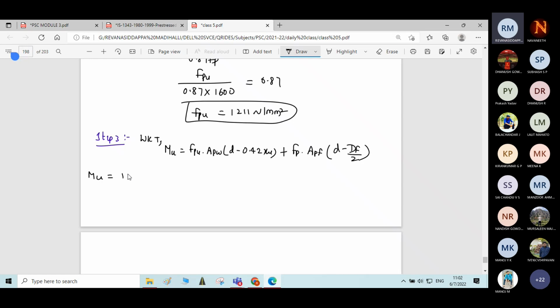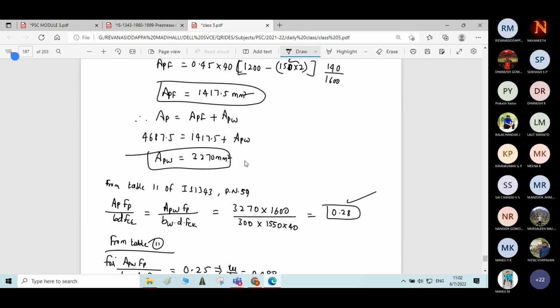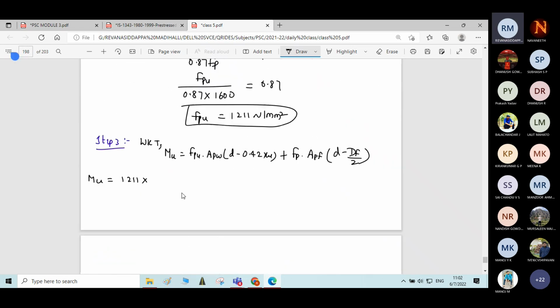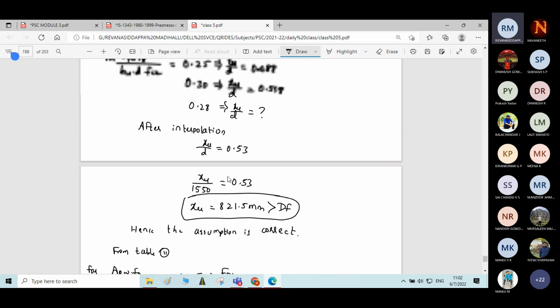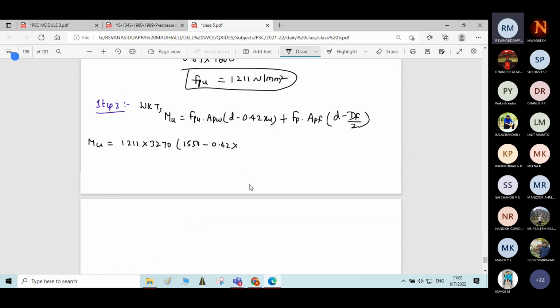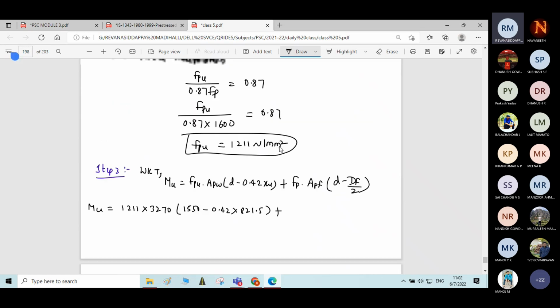FPU is 1211 into APW. How much did we get for APW? 3270, into D, effective depth 1550, minus 0.42 into XU. XU is 821.5, plus FP.